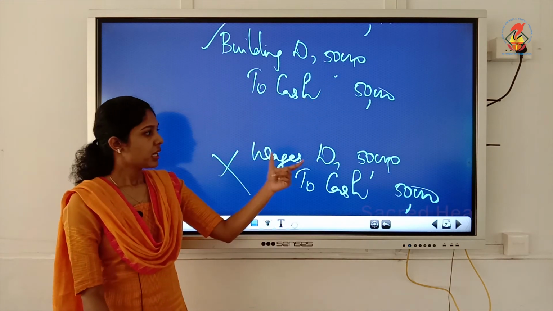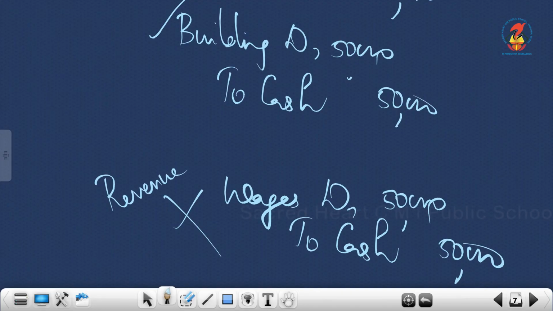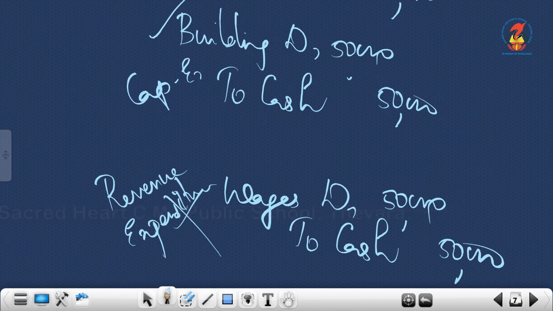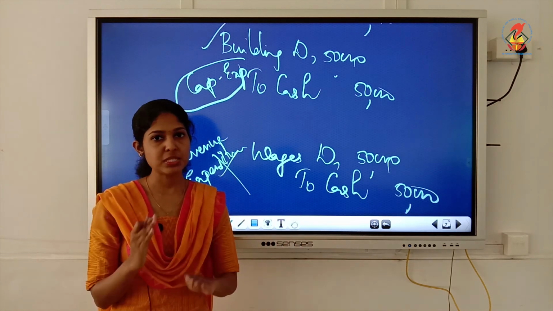Understood? But you consider it as a revenue expenditure. When you write Wages debit to Cash, you are considering it as a revenue expenditure, but actually it is a capital expenditure. So, this is against the accounting principle. We have a classification like revenue expenditure and capital expenditure.